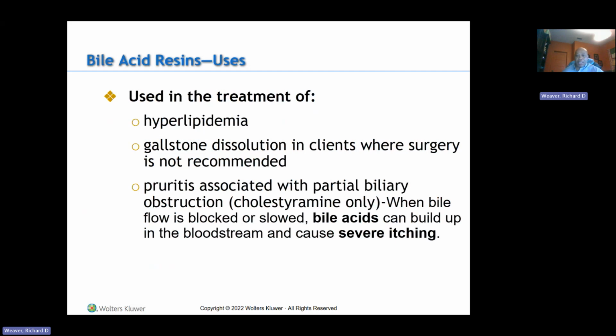If it is a complete biliary obstruction, where bile cannot come down those ducts in order to reach the small intestine, if there's a complete blockage, then you do not want to give this particular drug to those patients.